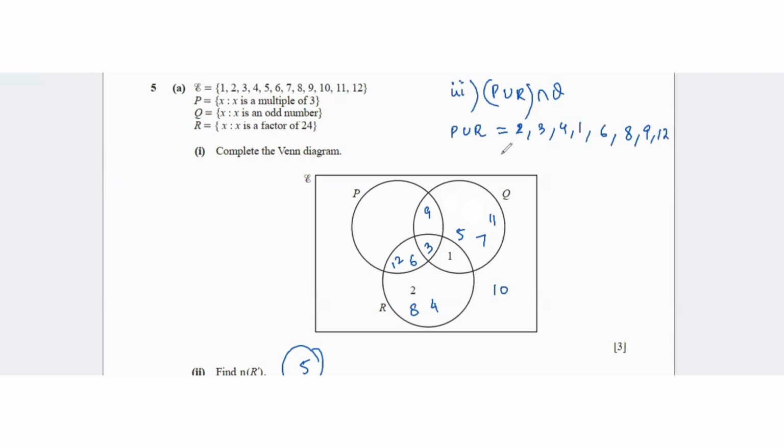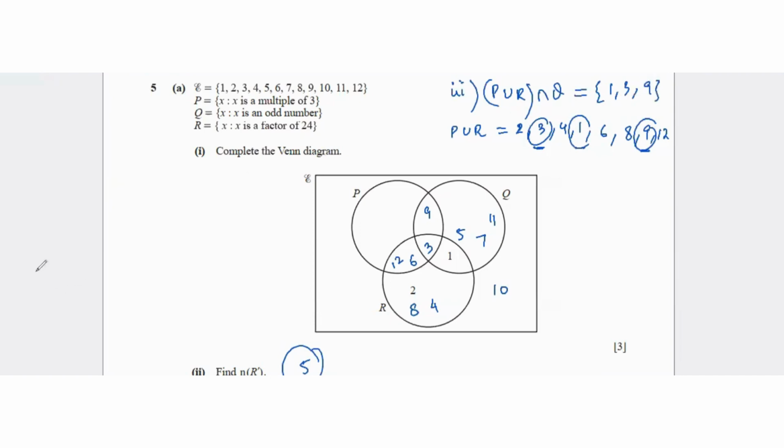And with intersection Q, the values in Q that are in P union R are 3, 1, and 9. So that's your set over here: 1, 3, and 9.